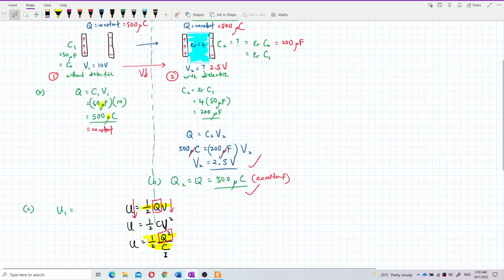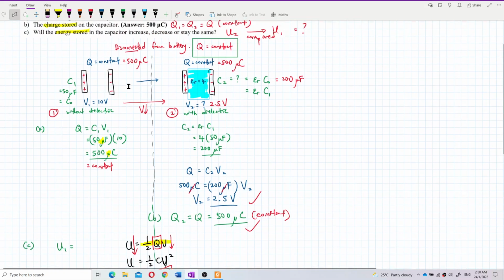Look at what happened to the capacitance. Capacitance between C1. C1 is also the C0, because C1 is without dielectric, so we call it C0. Look at between C1 and C2. Which one is higher? Of course, the one inserted with dielectric is higher, higher capacitance or higher ability to store charge.